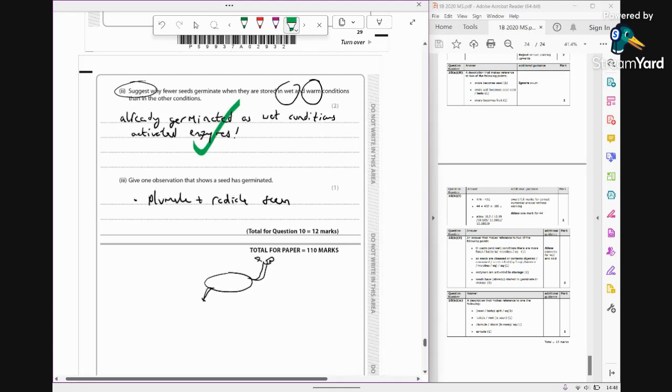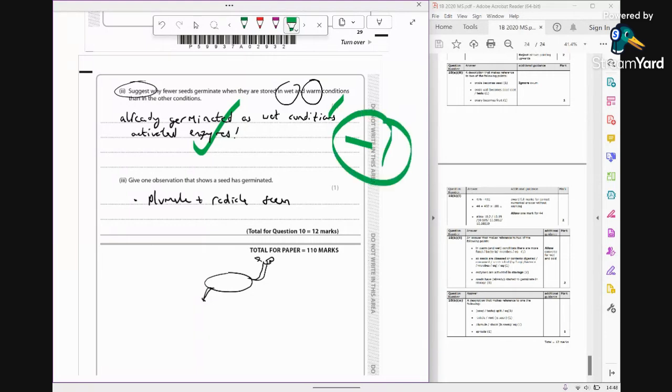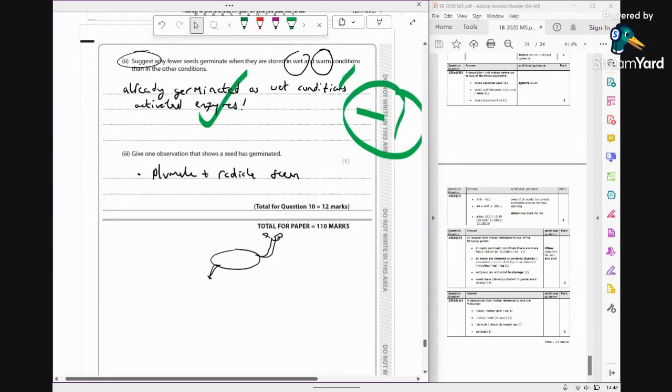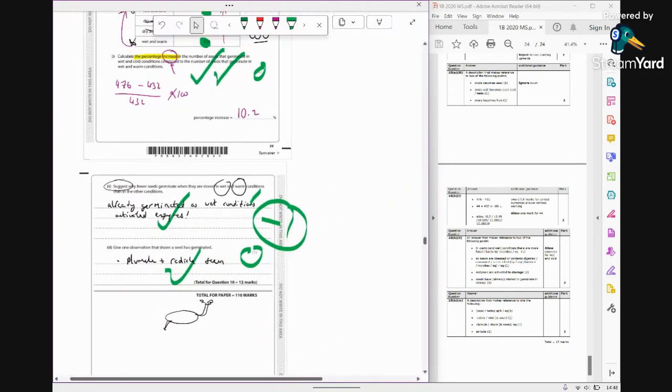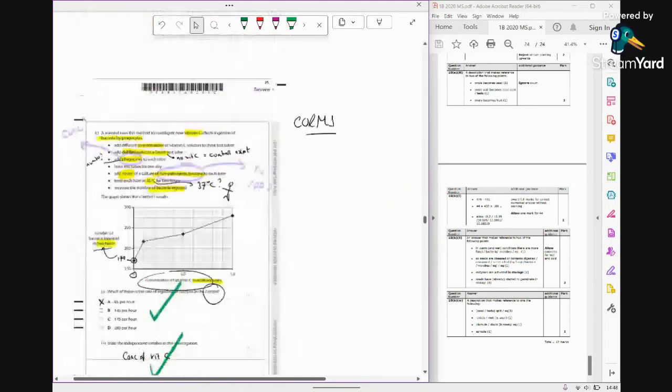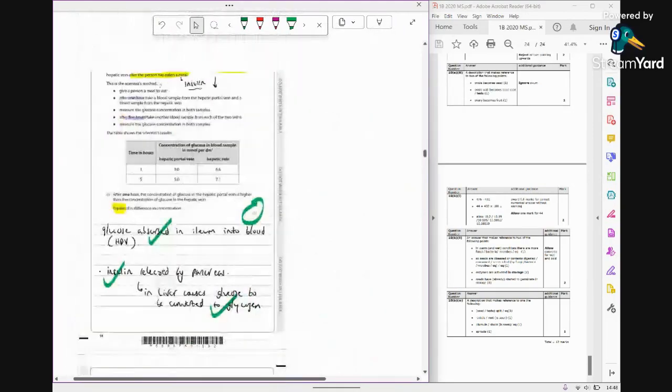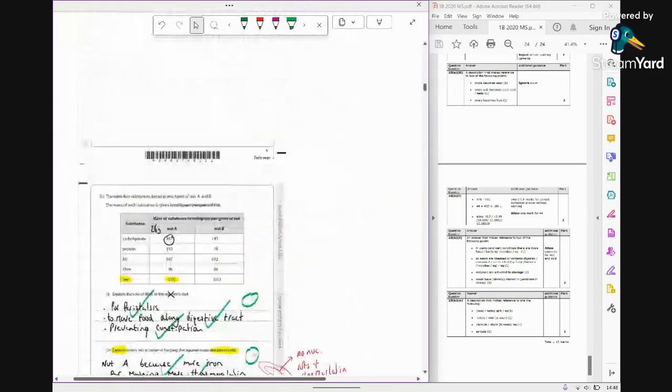So already germinated, I get 1 mark. I did say that enzymes are activated as well, but I had to say in storage. Oh, minus 1. That's right near the end. Radicle is seen, or the plumule is seen. Yeah, good, nice. Oh, guys, I lost a mark. Oh well.